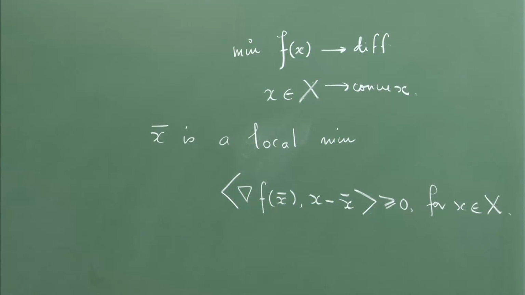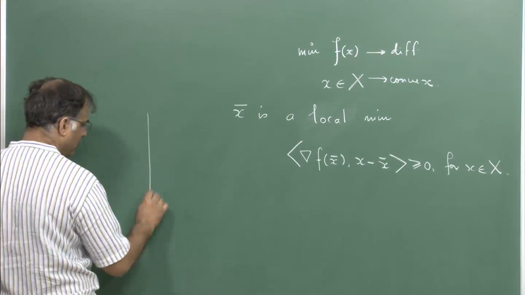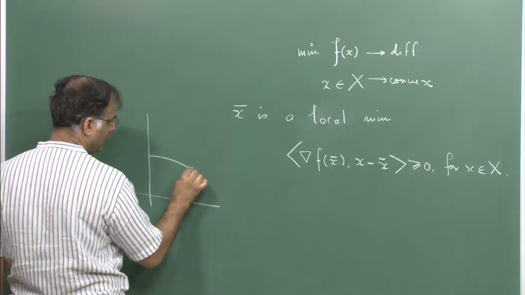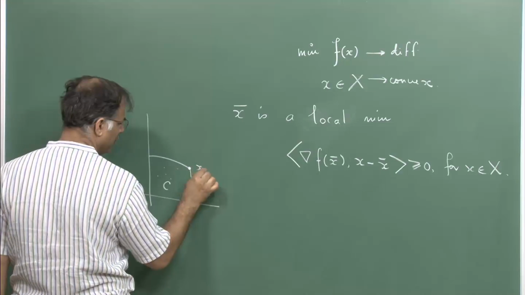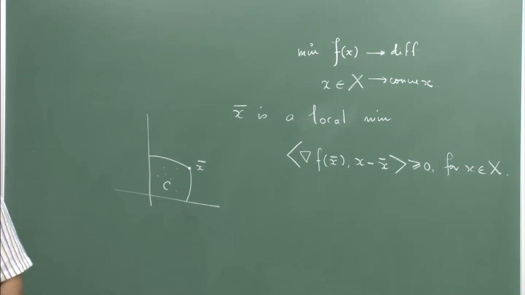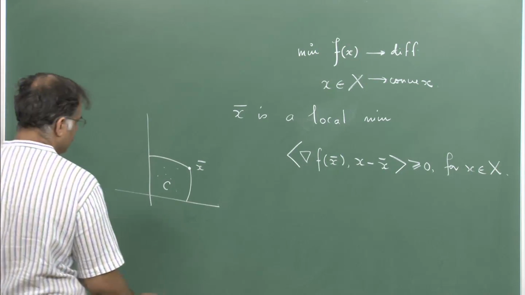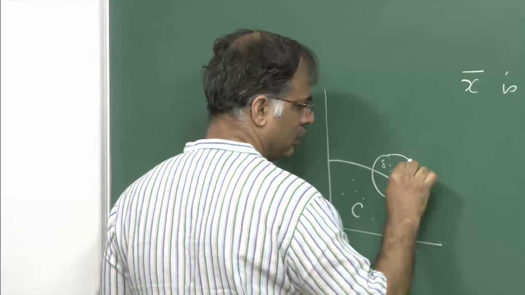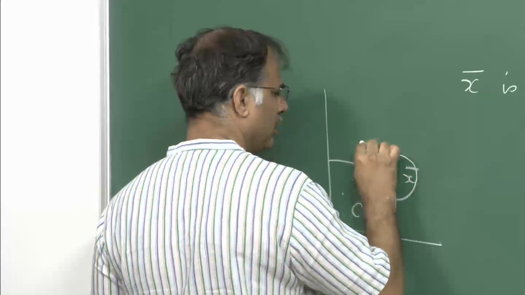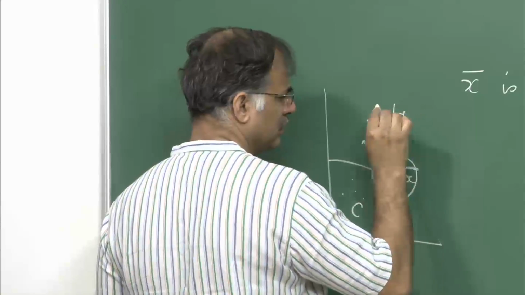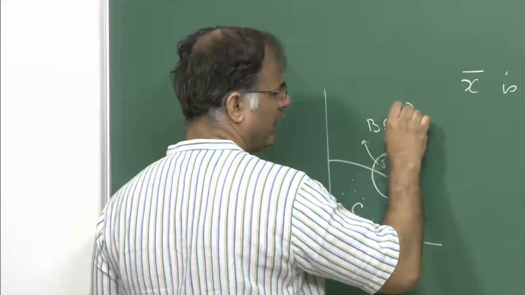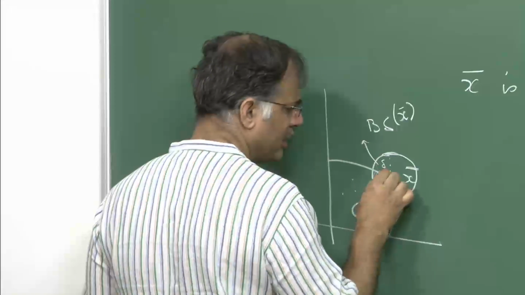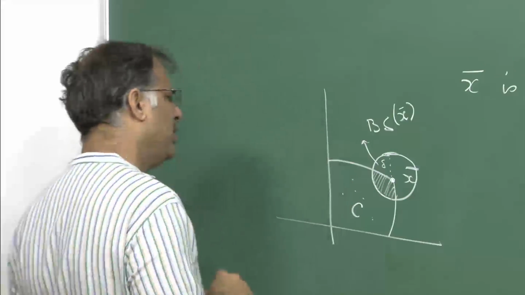because of the following fact. Suppose this is my C and this x bar is my local minimum, which would mean that there exists a ball of radius say delta around this x bar, that is, B delta of x bar, such that for any point which lies in the intersection of B delta x bar and C, f of x must be bigger than f of x bar.